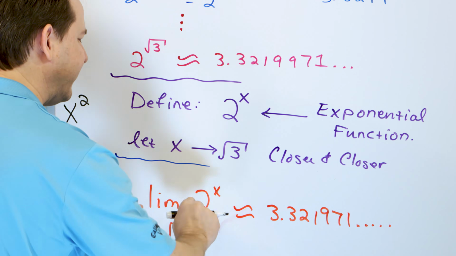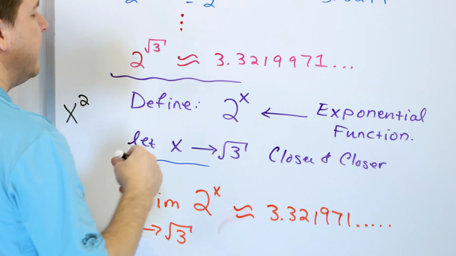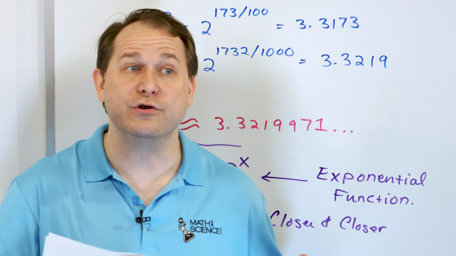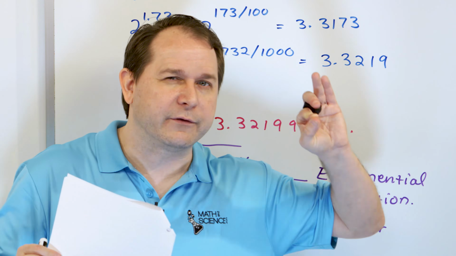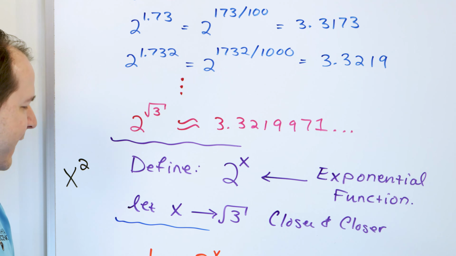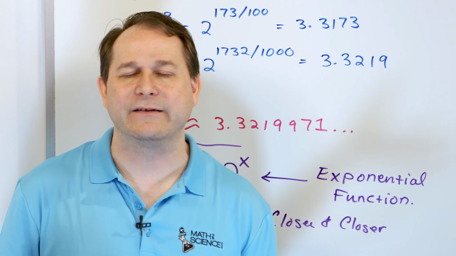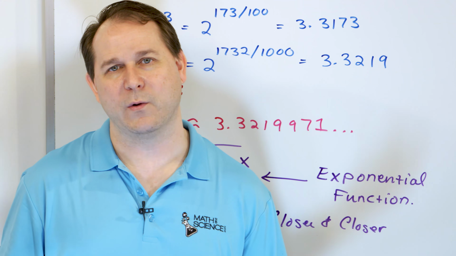This is different. This is a number raised to a power that is a variable. That's called an exponential function. We can make that exponent get closer and closer to the desired value through this thing called a limit, and you get more and more decimals to get more and more accurate to your answer. That's a foundation of Calculus 1.